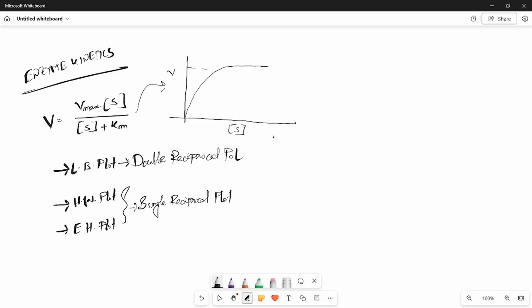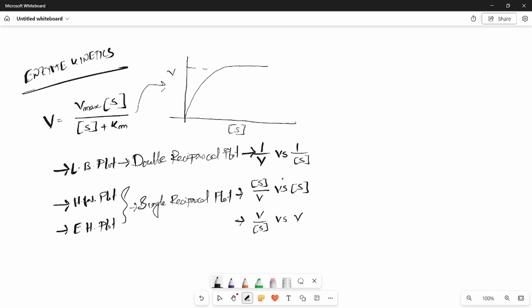The reason is this: in the Lineweaver-Burk plot, we plot 1 by V against 1 by S. In the Hanes-Woolf plot, we plot S by V against S. And in the Eadie-Hofstee plot, we plot V by S against V. Here you can see both are reciprocated, thus double reciprocal. In the others only one value is reciprocated, that is single reciprocal.